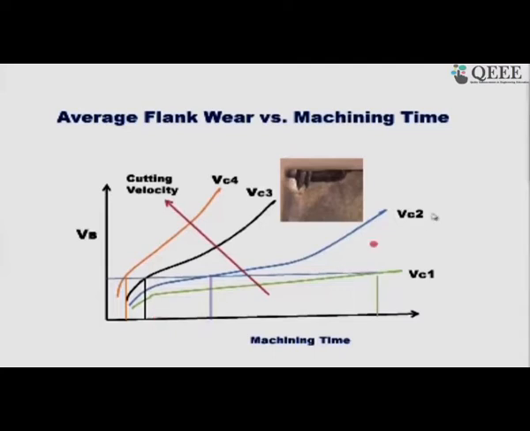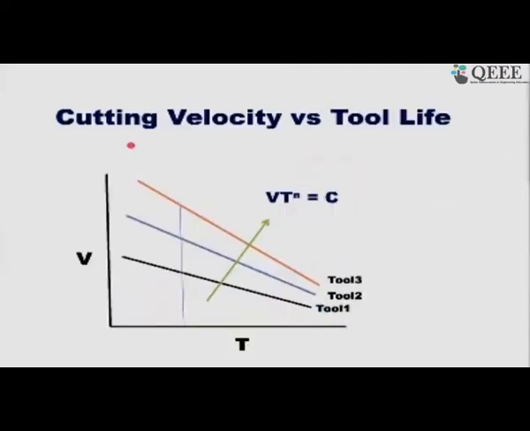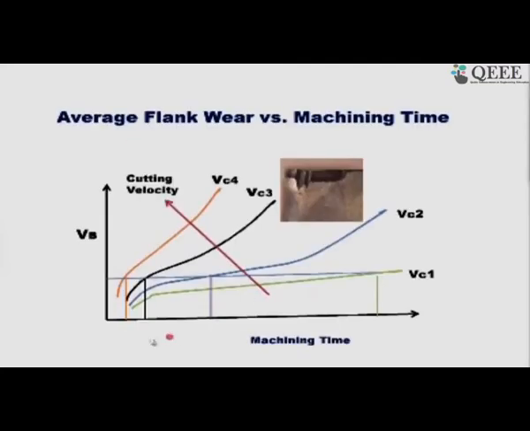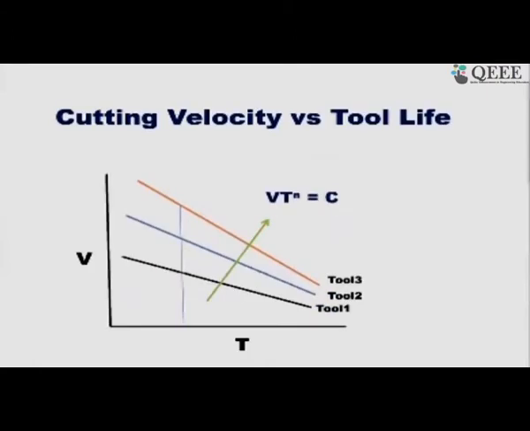So, with this what we can see here is, VC1 TL1, VC2 TL2, VC3 TL3, meaning tool life, VC4 TL4. So, that is also not falling linearly, but exponentially. And finally, when we collect those data experimentally, it comes to a form.